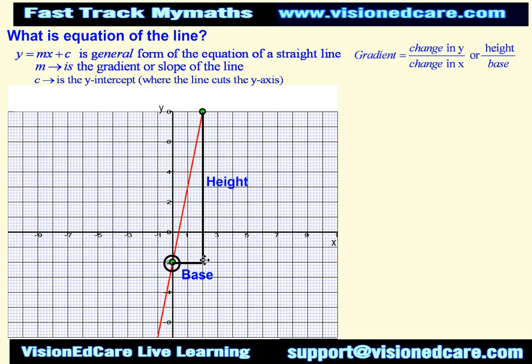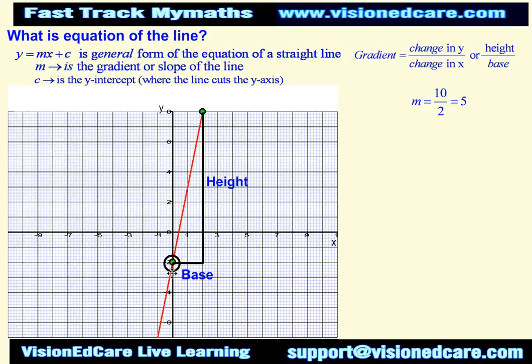If we count the units on the height of the triangle, 1, 2, 3, 4, 5, 6, 7, 8, 9, 10, it's 10 units. So the change in y value is 10 units and the change in x value is 2 units. Therefore, the gradient is going to be 10 divided by 2, and that's 5. So we have found the gradient of the line.